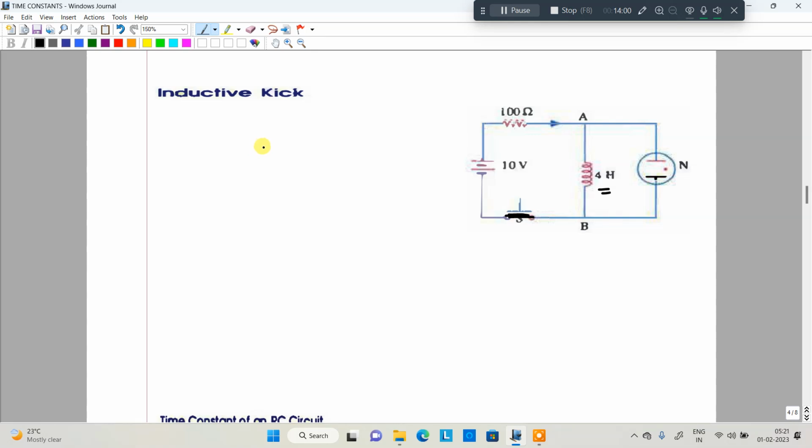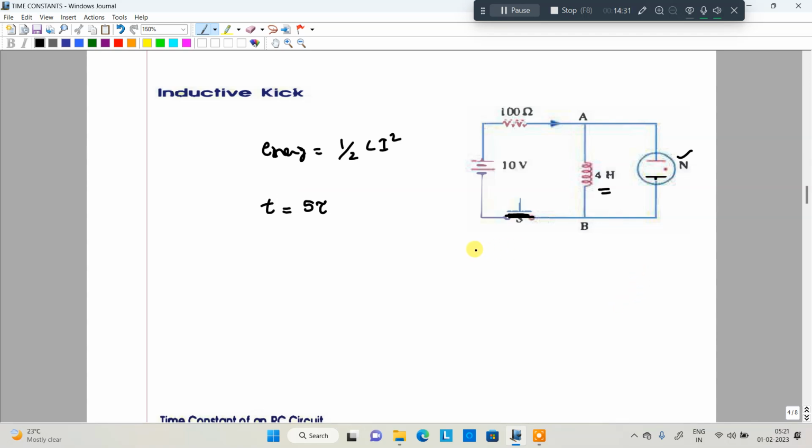The energy across the inductor is equal to half L I square. Now I have connected a neon lamp. What exactly does the neon lamp offer? Very high resistance. When time reaches 5 time constants, the inductor reaches its maximum value.